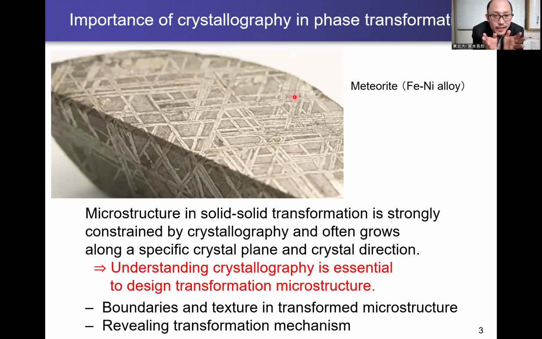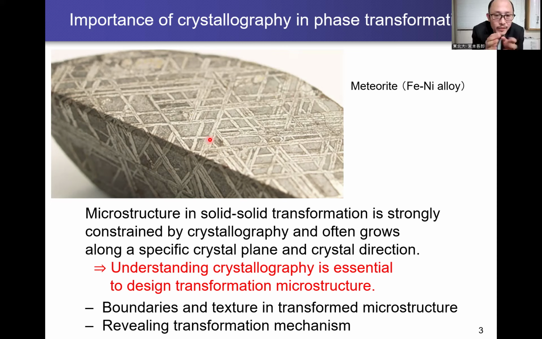So this is the microstructure of a meteorite. A meteorite is a kind of huge single austenite crystal, and you can see the Widmanstätten ferrite forms in this meteorite. And this Widmanstätten ferrite forms along a specific crystallographic plane.